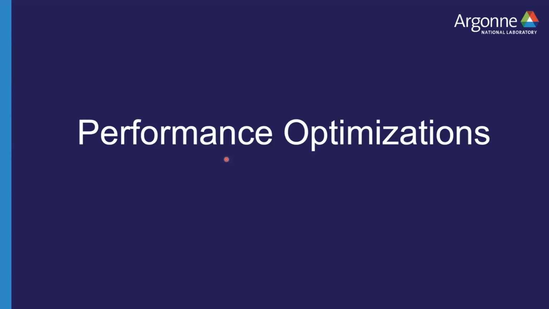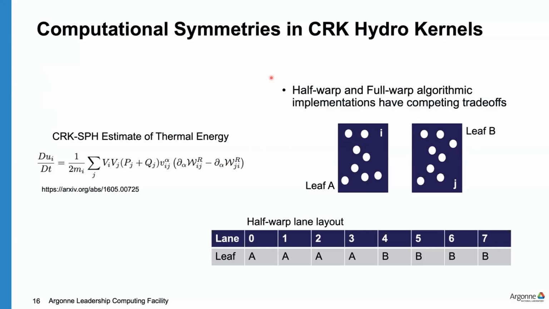I'll talk real quick about some performance optimizations. This isn't encompassing all of the work that we've done, but some relevant work that had a big impact. In our kernels that we're executing, CRK is an SPH formalism that we use inside HACC. A lot of our kernels are of the form where there are computational symmetries involved.